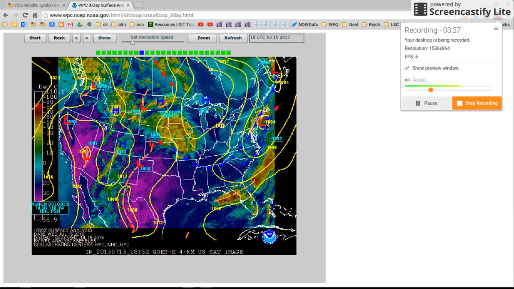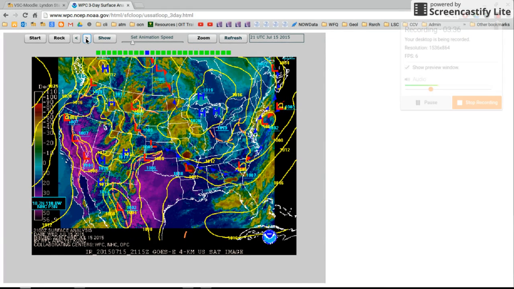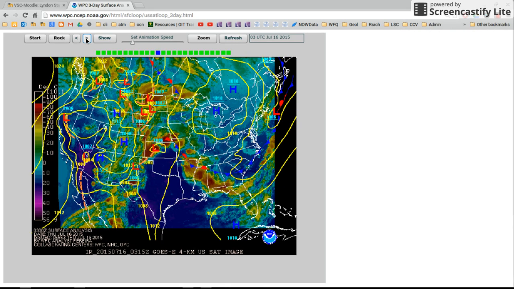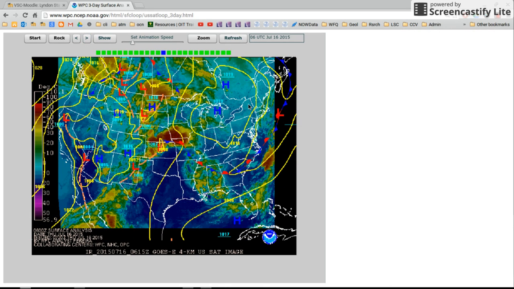Under a lot of this there's precipitation falling, but satellite imagery always tells you where the cloud is. As the high pressure system moves into Vermont, things generally clear out and get more blue, indicating clear conditions.